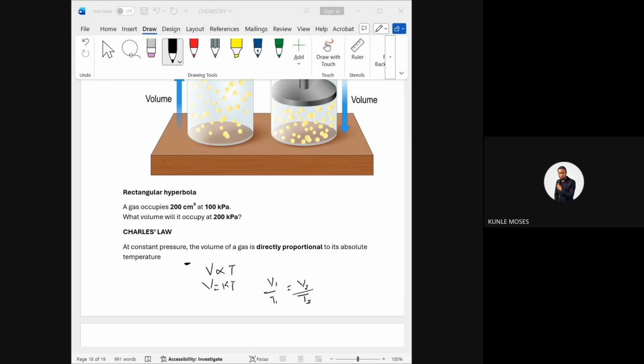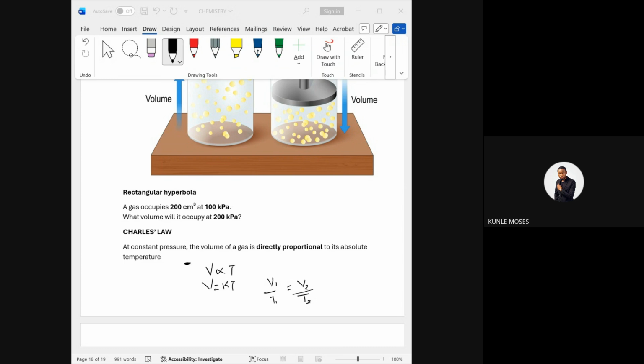Anytime you are dealing with temperature in gas law, always make sure that the temperature is converted to Kelvin. What did I say? Always make sure. JAMB will always give you the temperature in centigrade. Please don't be in too much of a hurry to use your centigrade, your Celsius degree of temperature.